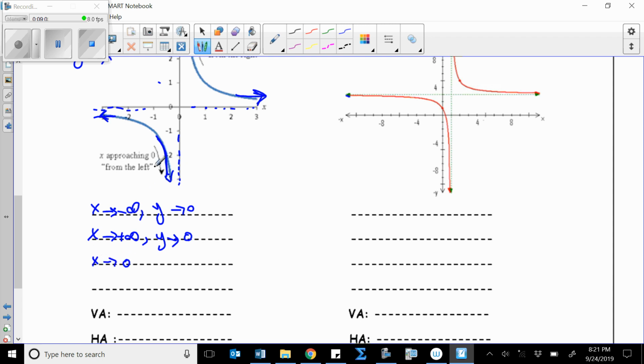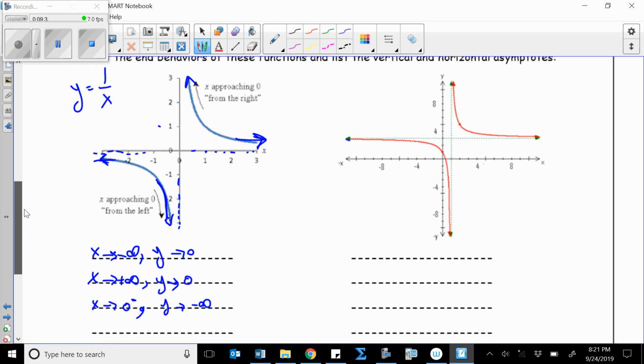But because x is approaching 0 from the left side, we're going to put a small negative sign on top of this 0 to show that it is getting close to 0 from the left side. And then what is y doing here? Y is just decreasing forever. It's going down and down. So y is going to negative infinity.